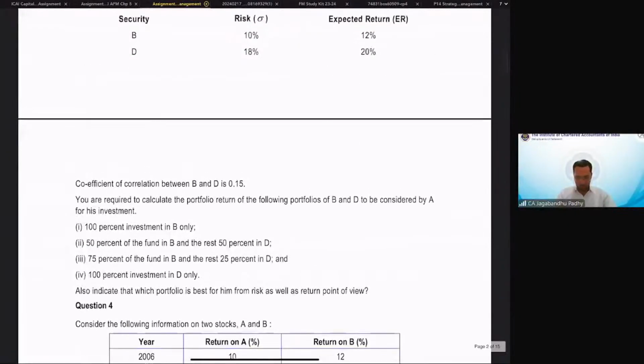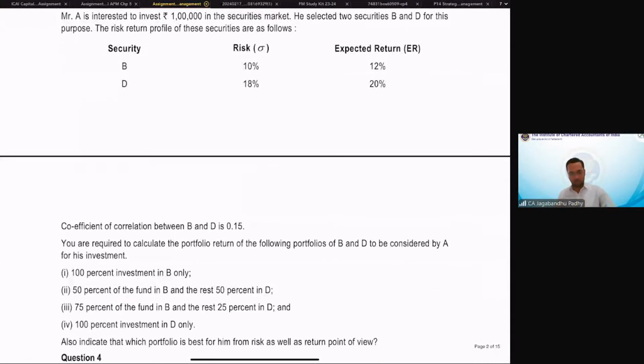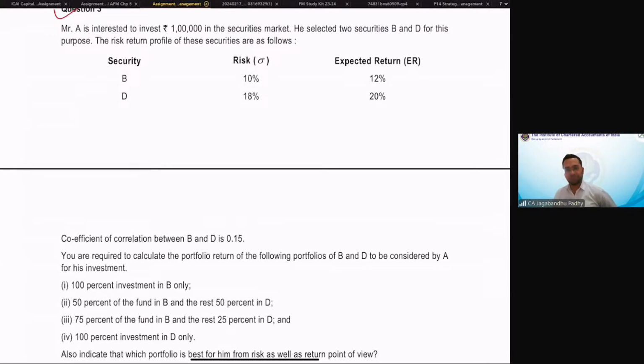Question number 3, guys. Let's try to do this question number 3. Read the question for a minute, then we'll start. Okay, so Mr. A is interested to invest 1 lakh in the securities market.